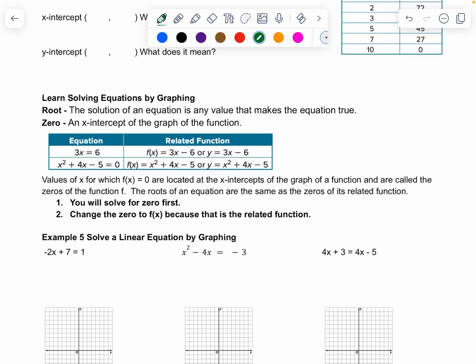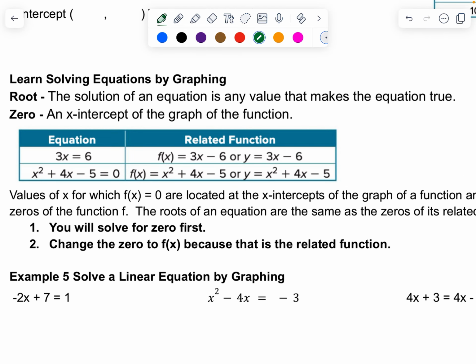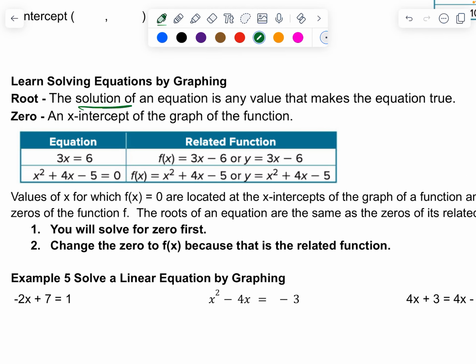Okay, now, roots. The solution of an equation is the value that makes the equation true. The 0 is the x-intercept, okay?